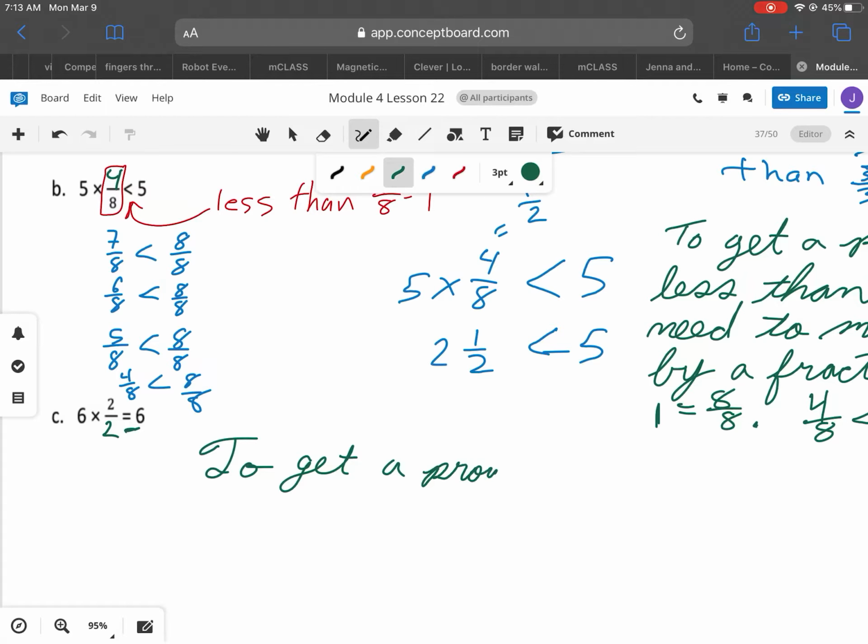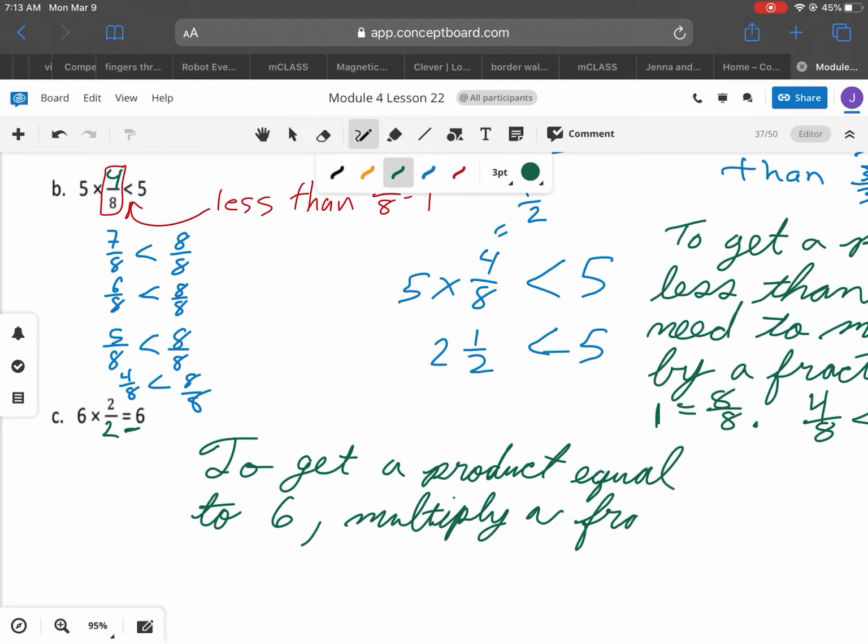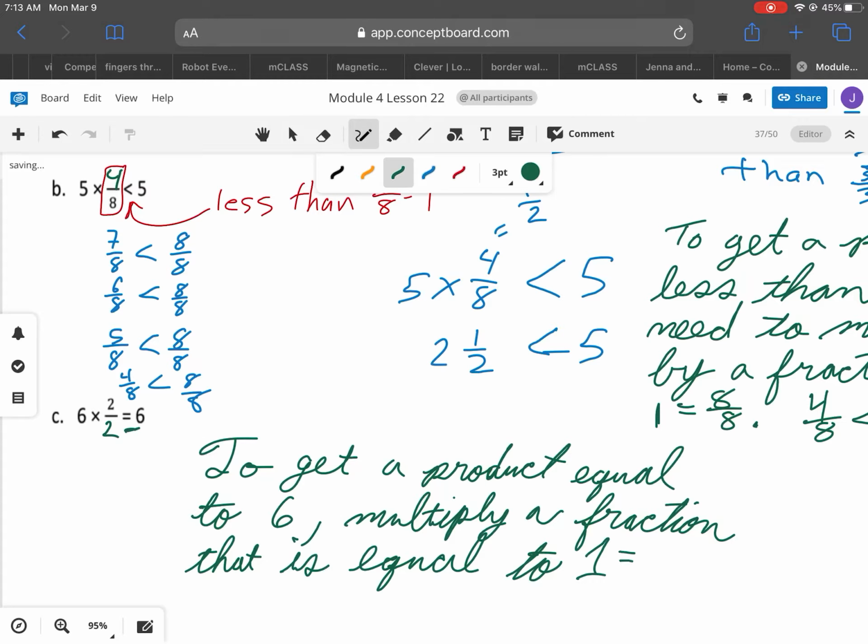To get a product equal to 6, multiply a fraction that is equivalent or equal to 1, which would be 2 halves.